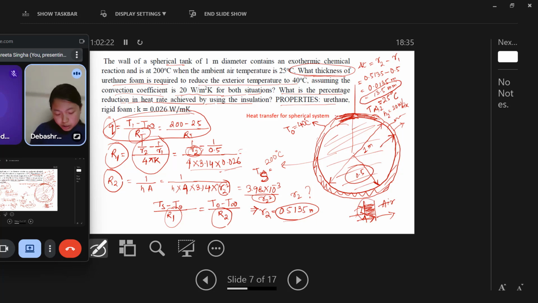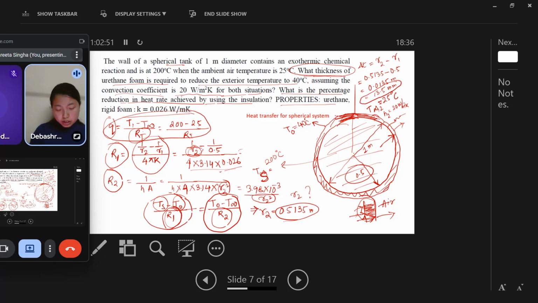So whatever heat is getting transferred inside the insulation is given by this. That means the outside temperature of the insulation is 40 and the inside of the insulation is 200. So Ts minus T0, that means 200 minus 40 divided by the first resistance, that is the resistance offered by this insulation.